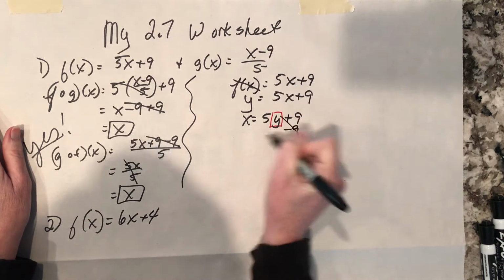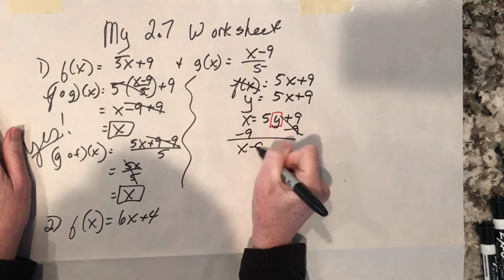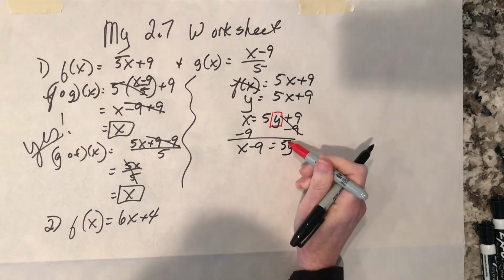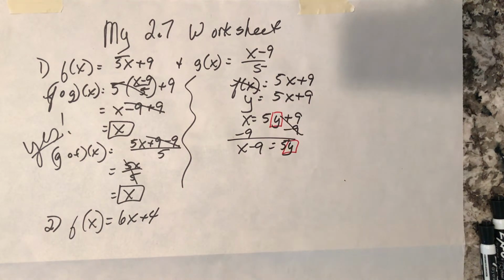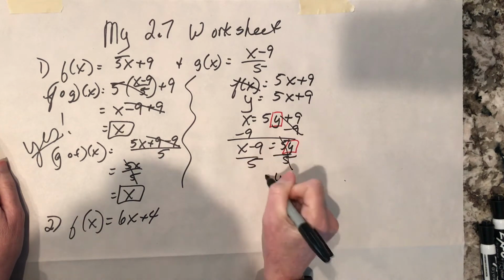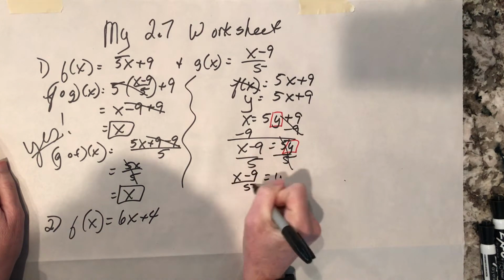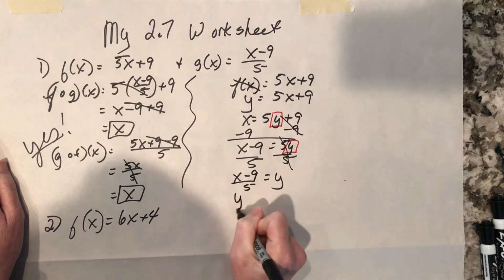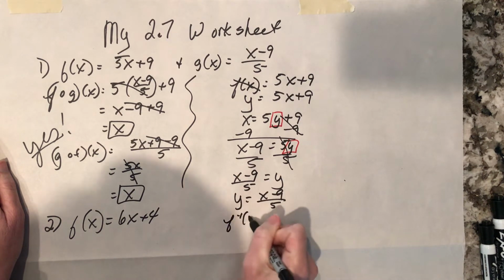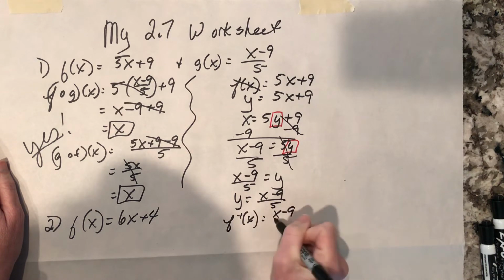So we're going to subtract 9. We get x minus 9 equals 5y. Again, trying to isolate y. Let's divide by 5. Let's swap them out. And then let's call it the inverse, x minus 9 over 5.